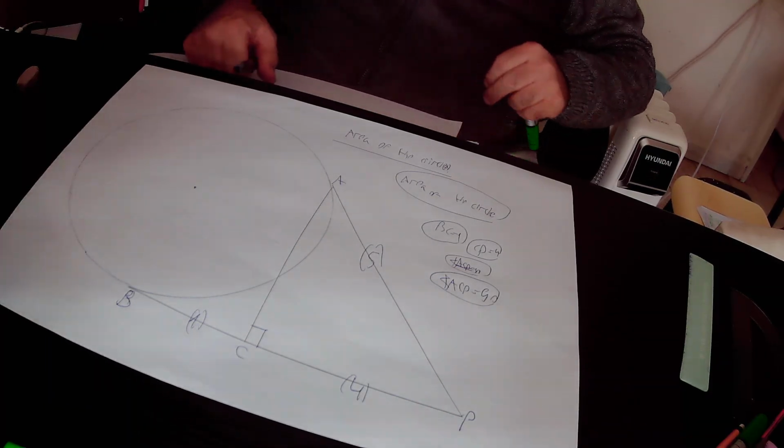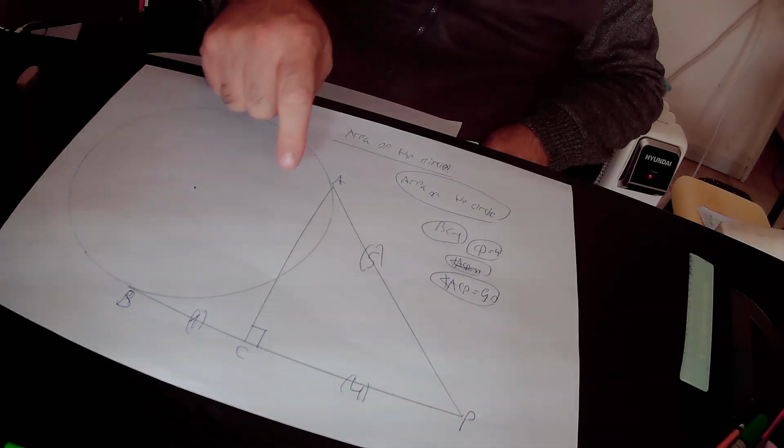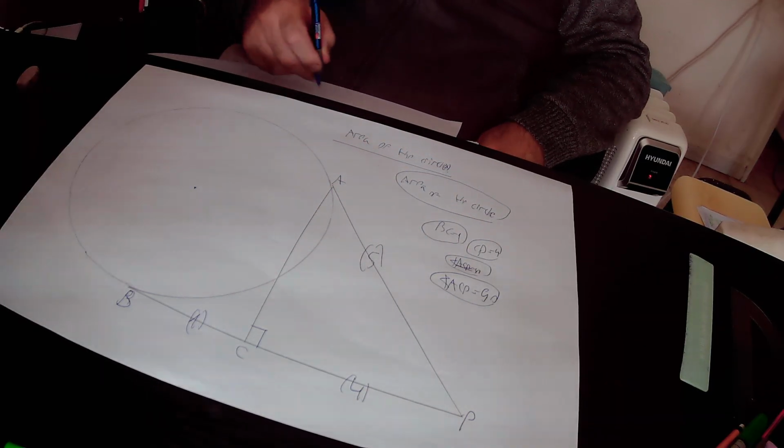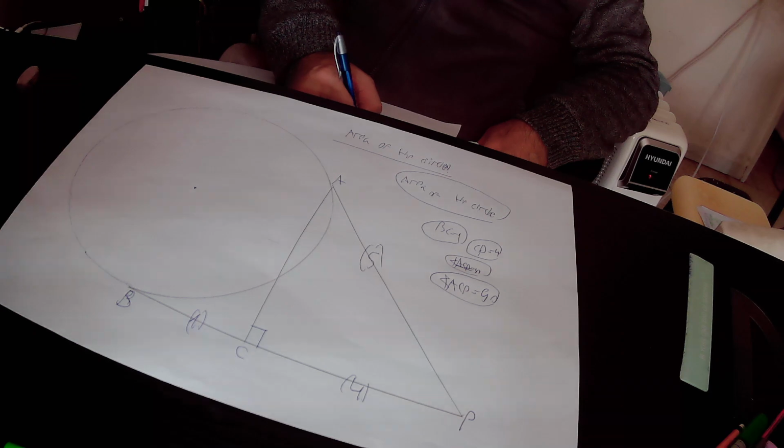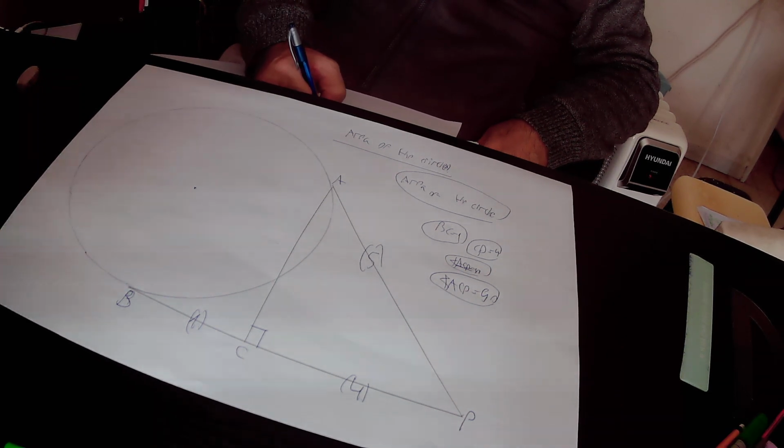In the next step, we will implement the Pythagoras theorem on this right triangle ACP. Here PT is a function for Pythagoras theorem.